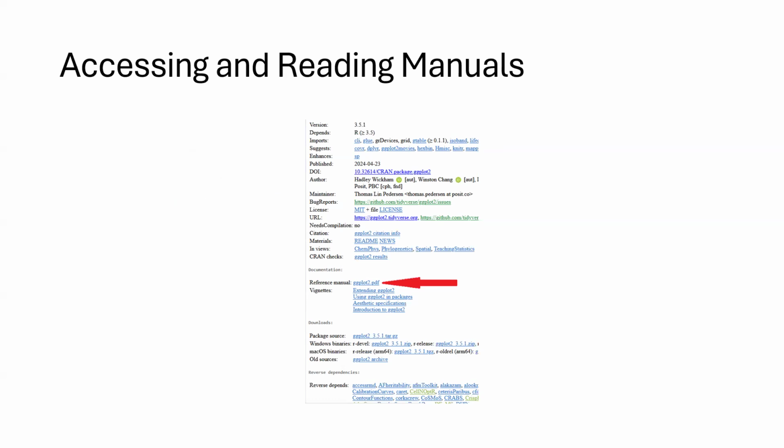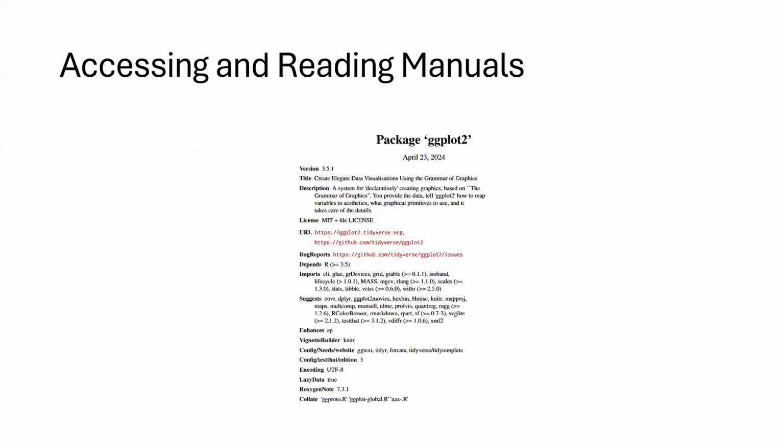It should be in a PDF format. And then within that reference manual, you should have all sorts of functions which are explained to you, notes from the developers, and examples of the application of those particular functions. So go ahead and read through that, and then maybe try applying some of the functions innate therein to your code.